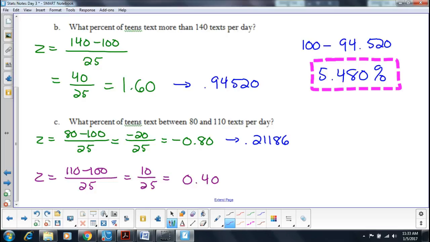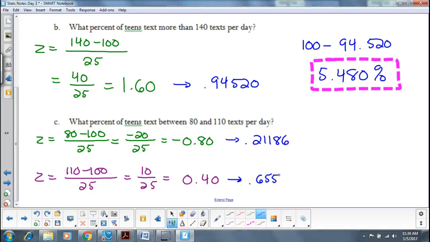So that gives me 0.65542, but I want between them, right?